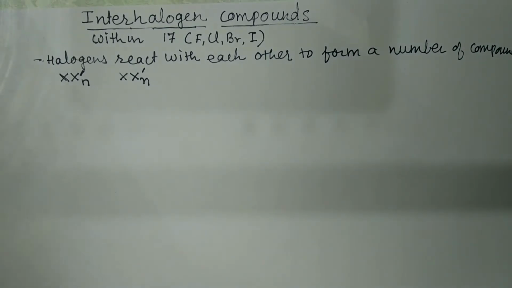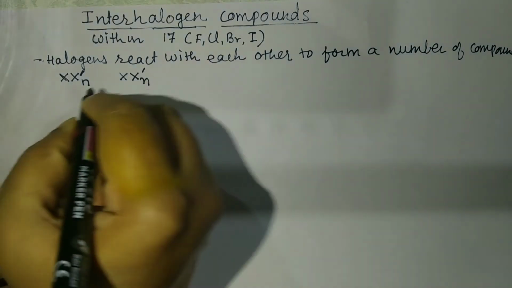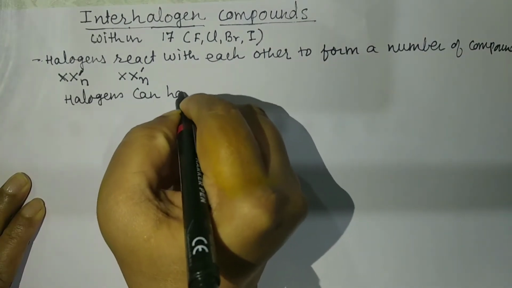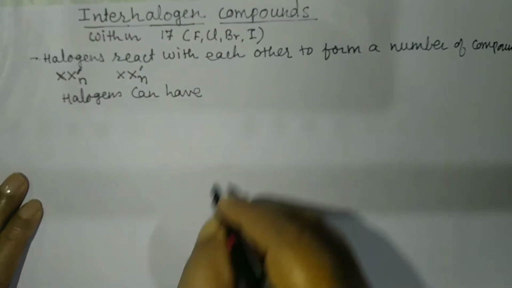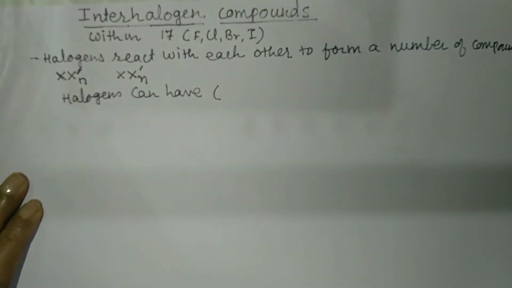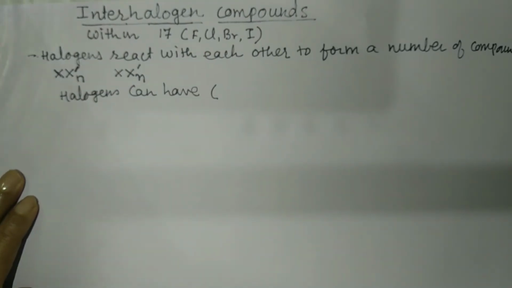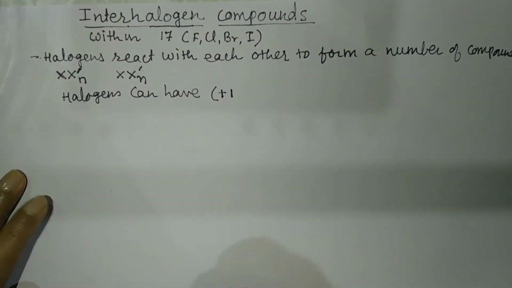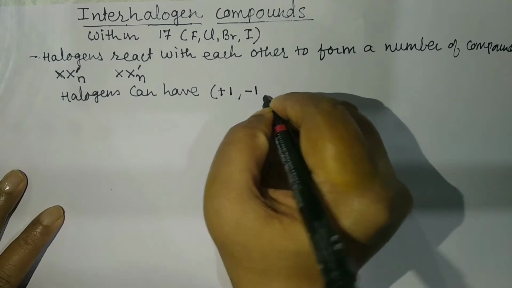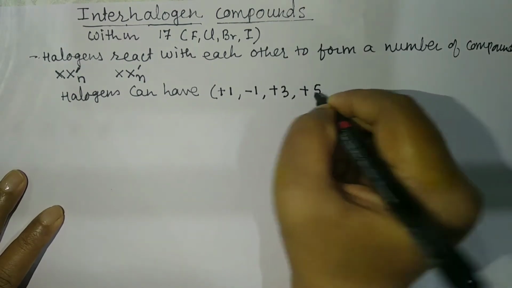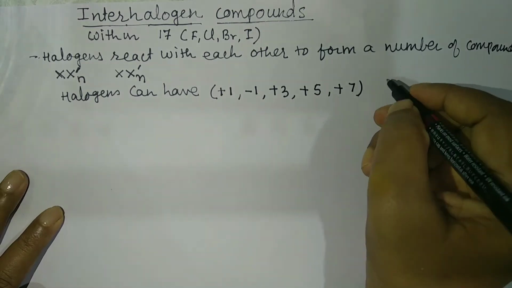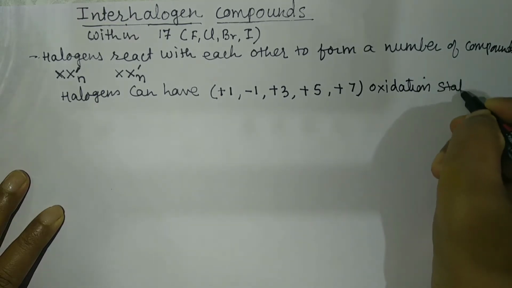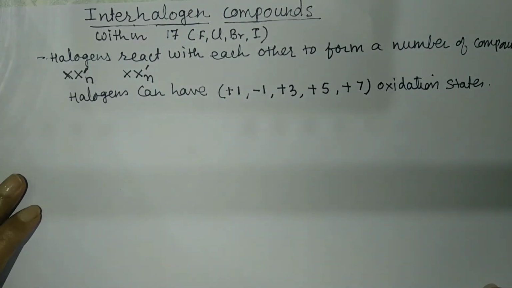Now, if I see the oxidation states of halogens, they have the possible oxidation states of +1, -1, +3, +5 and +7. You can refer to the oxidation states video, students, to know how to assign the oxidation numbers of every group. So what will be the interhalogen compound range?